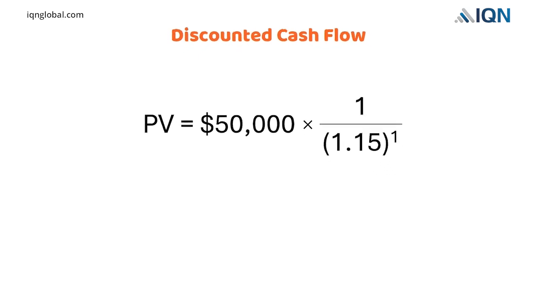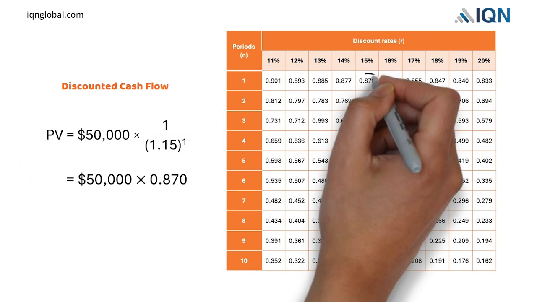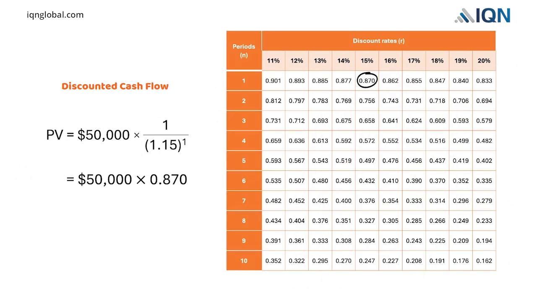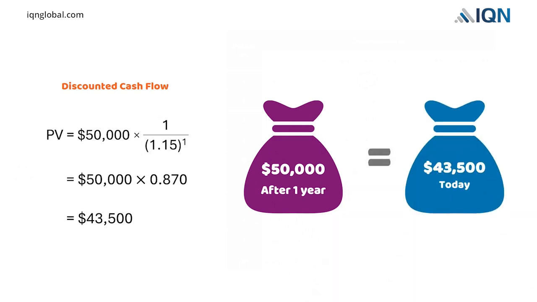This can be expressed as $50,000 multiplied by 0.870, which is a factor taken from the present value table. This calculation gives us a present value of $43,500. The figure suggests that receiving $50,000 after 1 year will be valued as receiving $43,500 today by the company.